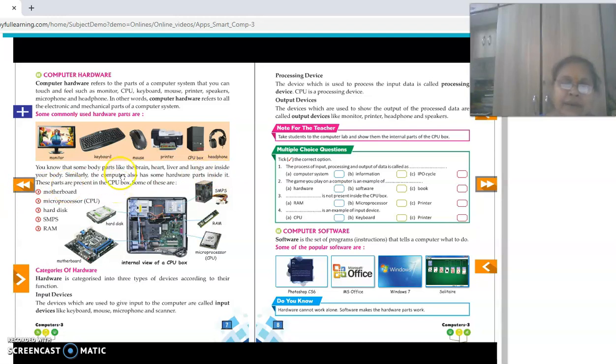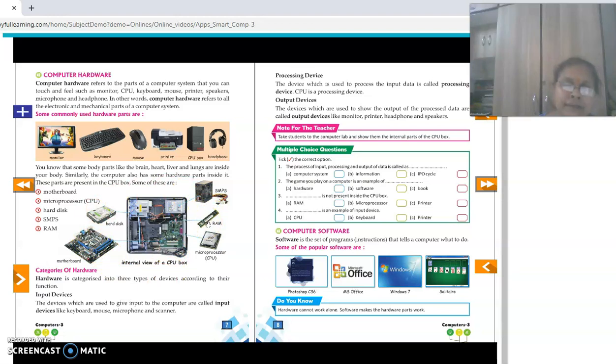Similarly, in computers, there are some hardware parts inside it. For an example, motherboard, microprocessor, hard disk, SMPS, RAM. So you can see the picture here, and you will learn about these parts in a higher class.